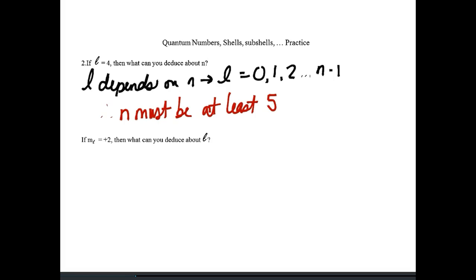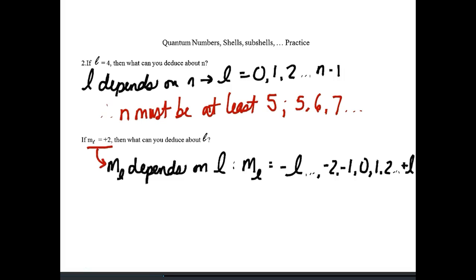If M sub L is plus 2, then what can you deduce about L? So the same idea here. The quantity L will determine what M sub L is. So the second part, if M sub L is plus 2, what can you deduce about L?